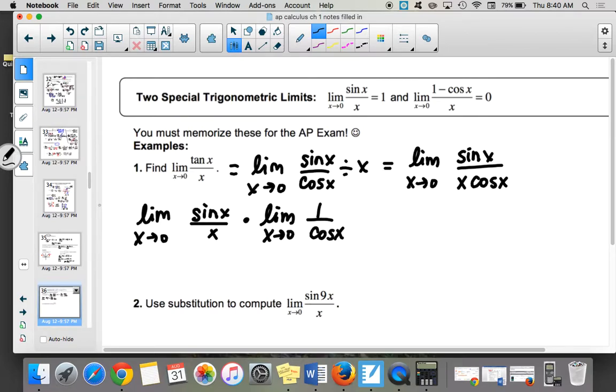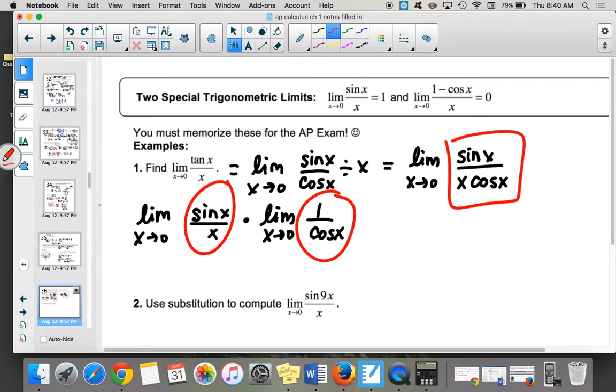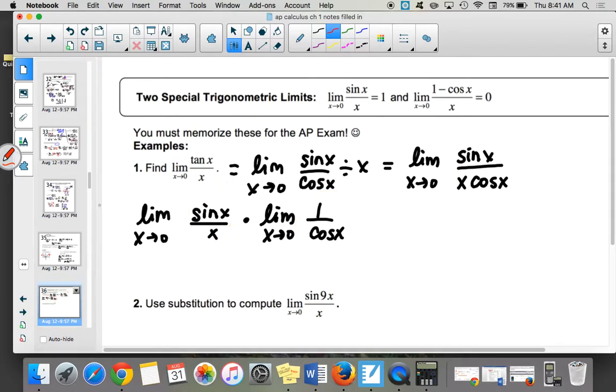So I just broke apart the two things. Did you guys all see where I did that? Okay. So basically, if I had multiplied these two together, I get this. So I just pulled them apart. All right, so this first one is one that you should know. So that goes to 1. And the second one, I think we can find.